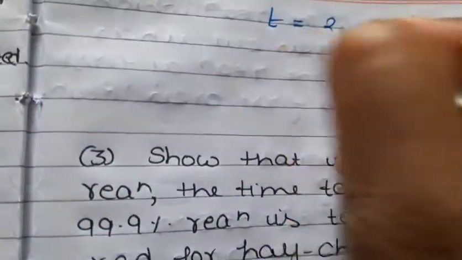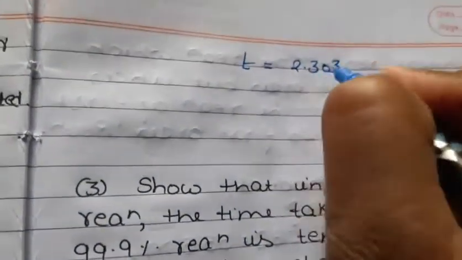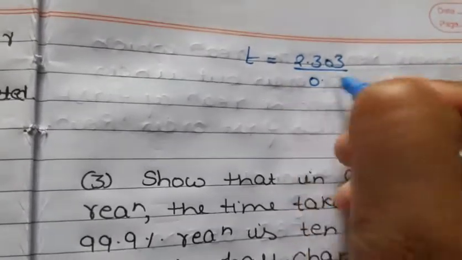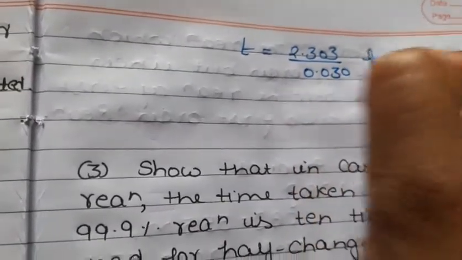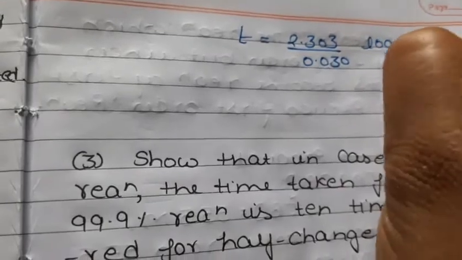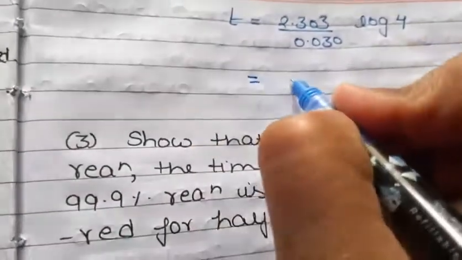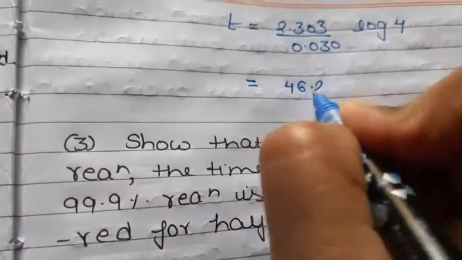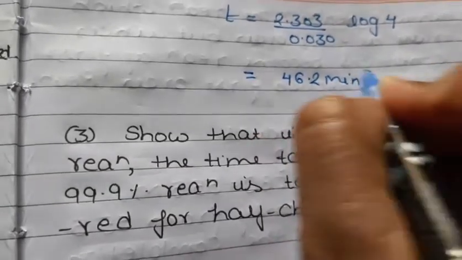It is cut down by a and we get time equals 2.303 upon 0.030 log 4, and we get 46.2 minutes. Okay students, so these are very important questions.